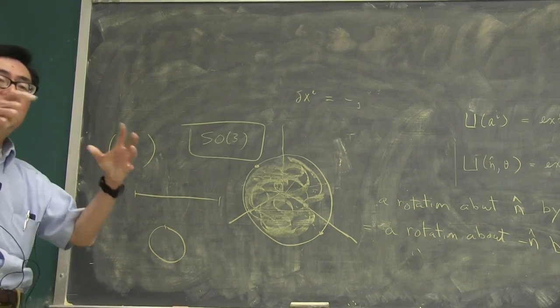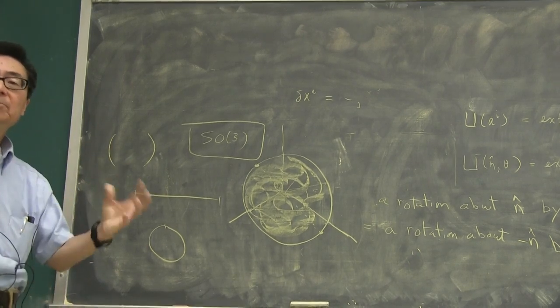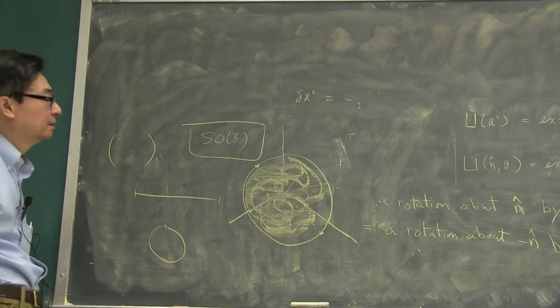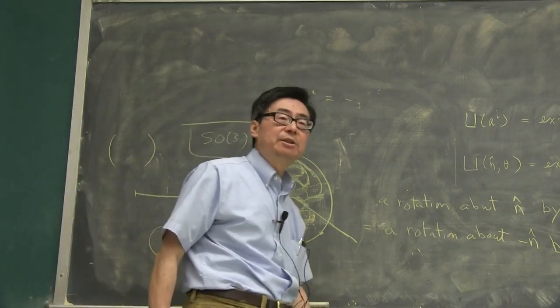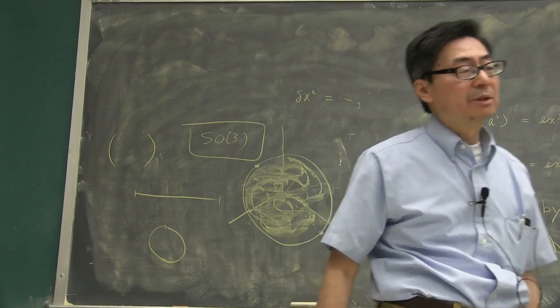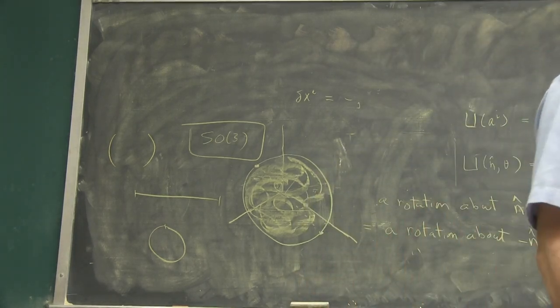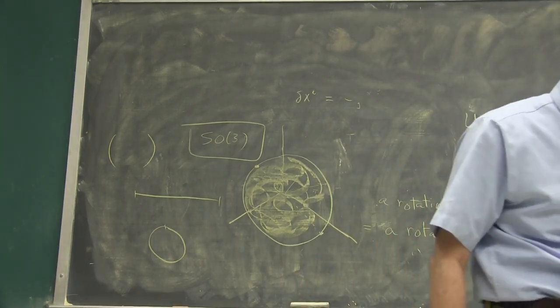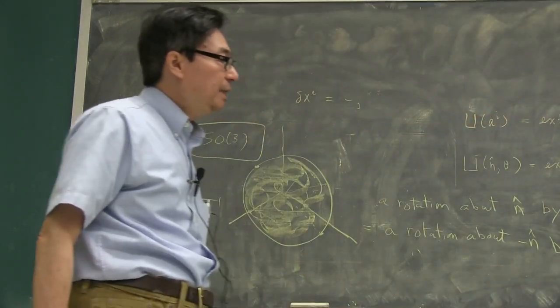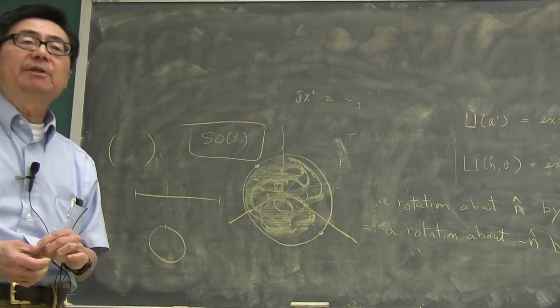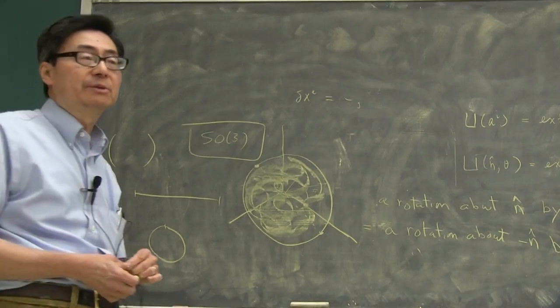A Lie group has a group manifold associated with it, usually a differentiable manifold, and so it has a differentiable structure, and so on. Being a differentiable manifold, you can think of tangent spaces to that manifold.